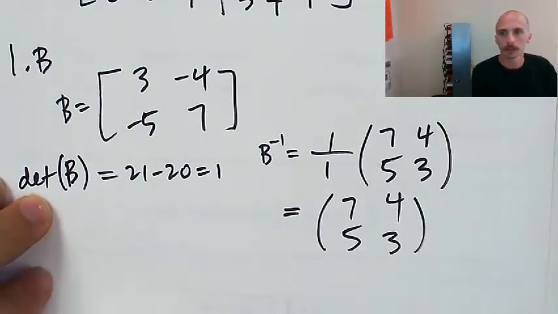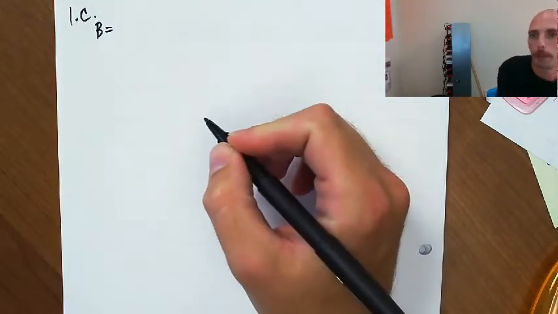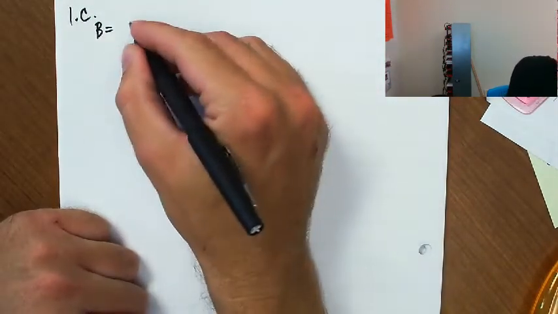All right, let's see. The next one's a 4 by 4, so I'm going to allow myself some room to work. In fact, I'm going to anticipate there being a lot of work necessary on this one, and so I'm going to zoom out to prepare. 1, 1, 2, 0.